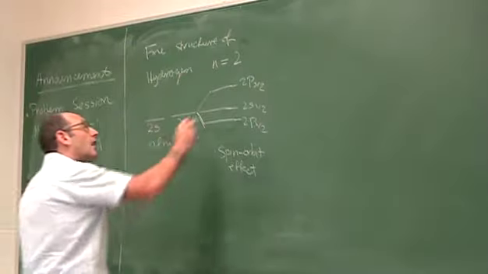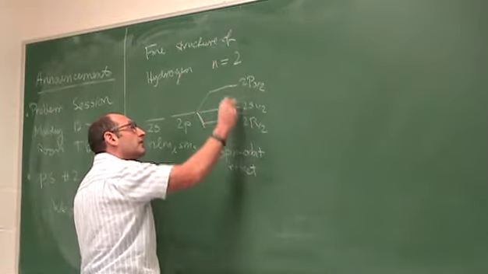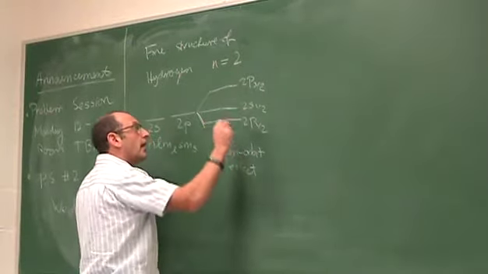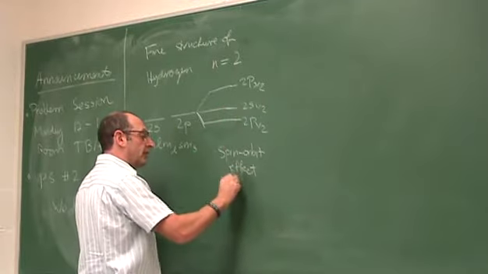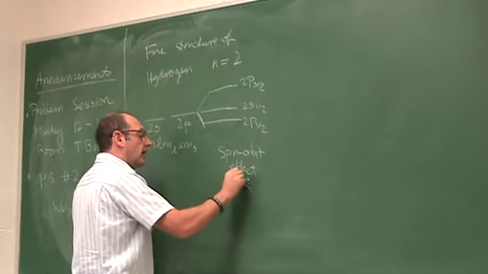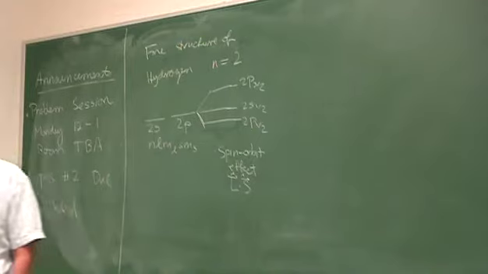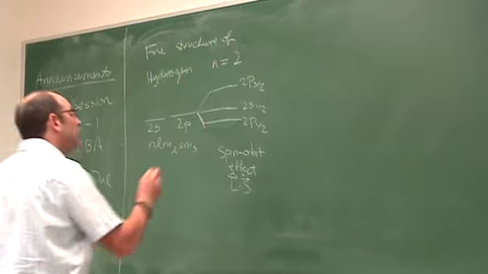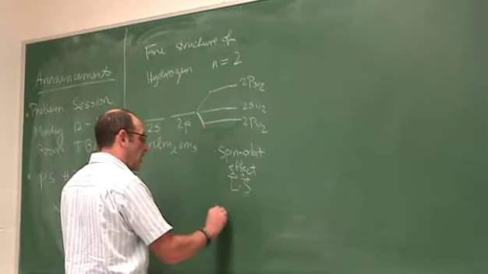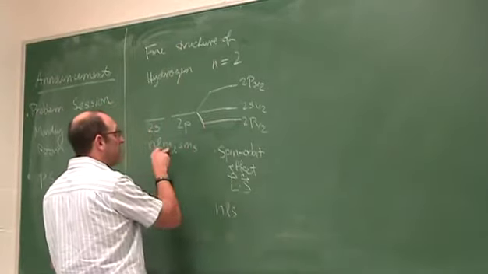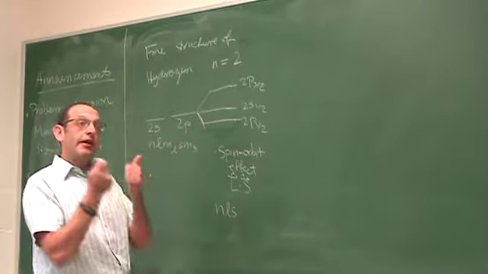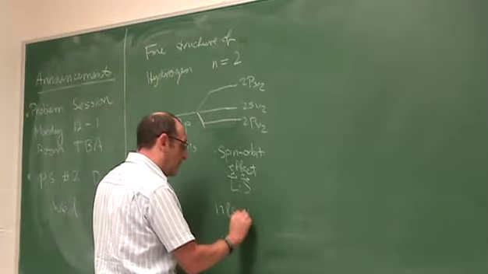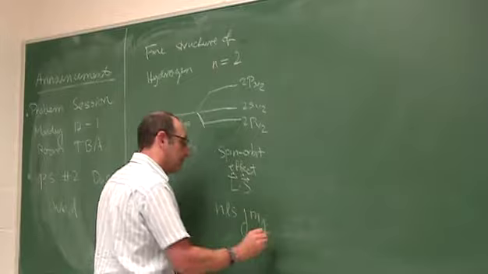And the new good quantum numbers arose because the spin orbit, that is to say the orbital angular momentum and spin angular momentum, are coupled together. So the new good quantum numbers are not m sub l and m sub s, which are the uncoupled representation, but now we have j and m sub j.